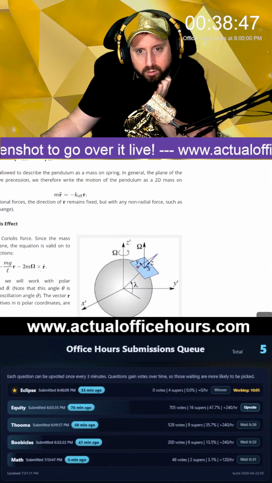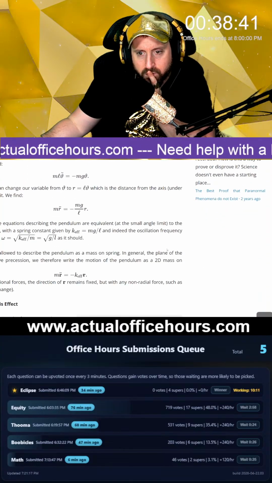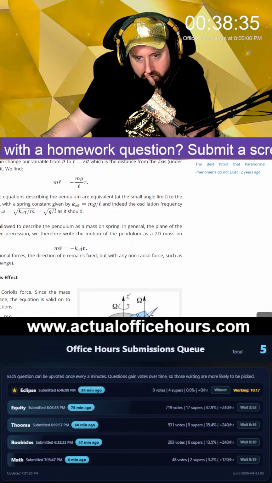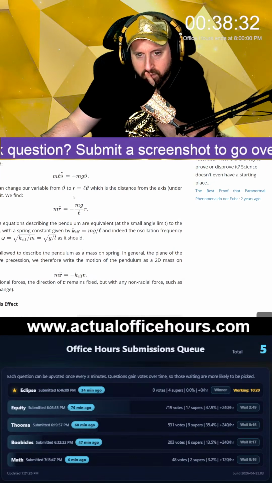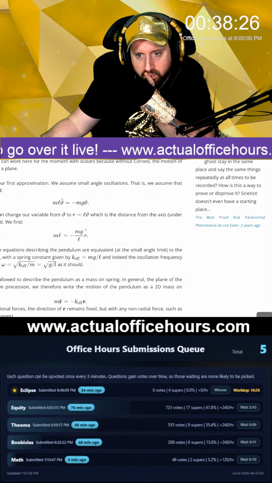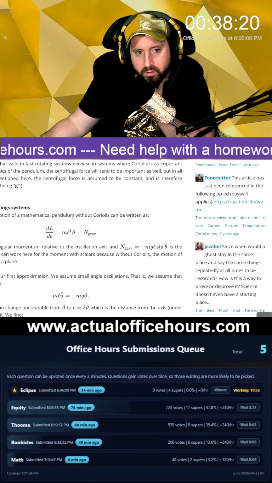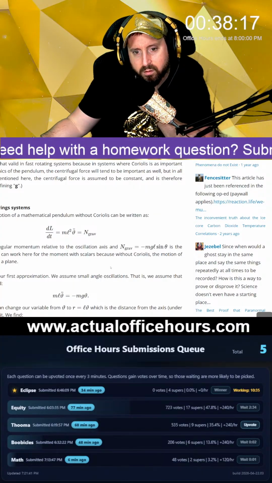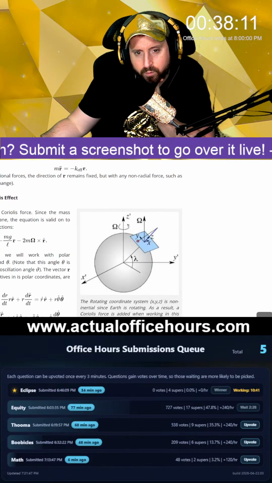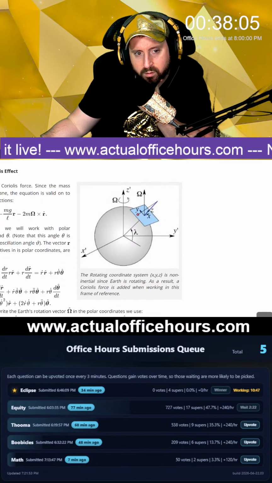Anyways, let's assume this is true. M R double dot is negative K effective R. Now we add the Coriolis force since the mass cannot exit the plane.